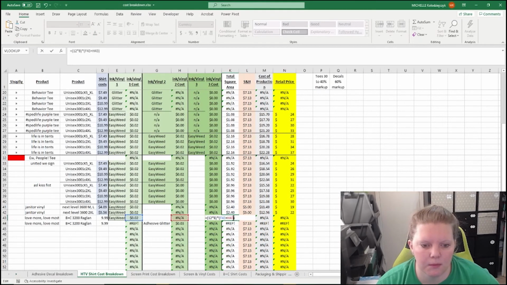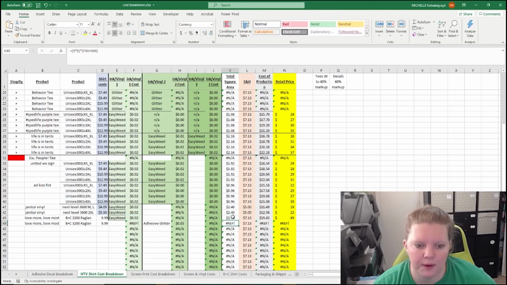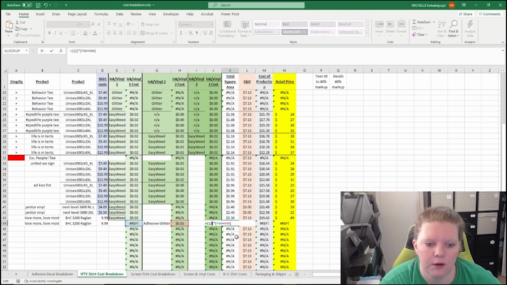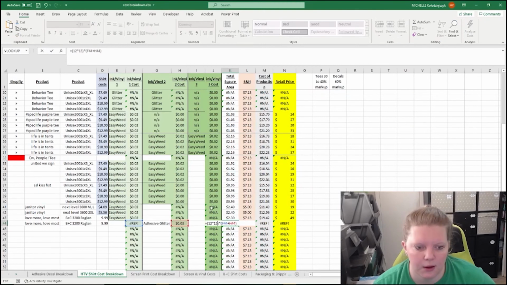And it's going to multiply it by the cost per inch of 0.02. We get $2.30.